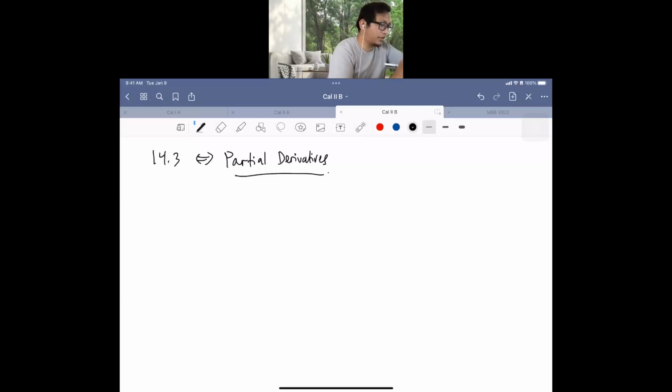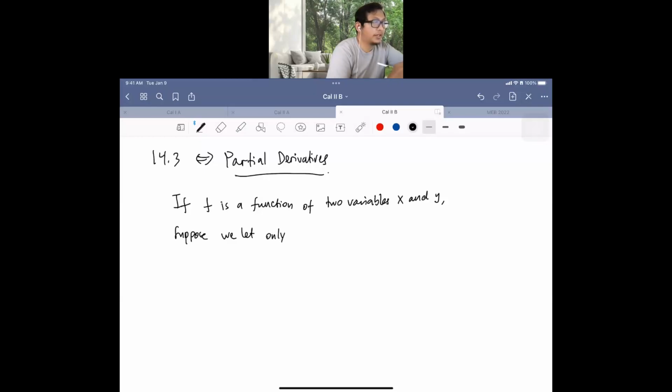Okay, let me write first: if f is a function of two variables, suppose we let x vary while keeping y fixed, like we did in the limit before, right?